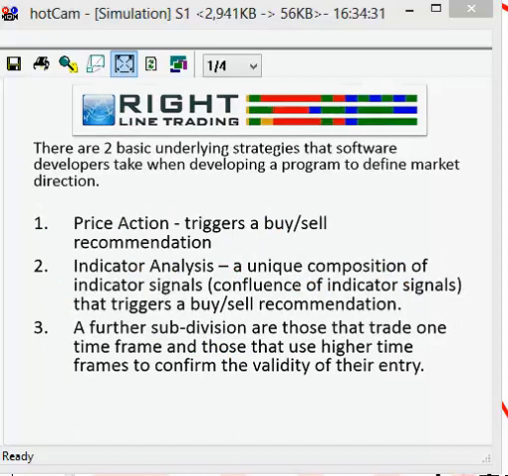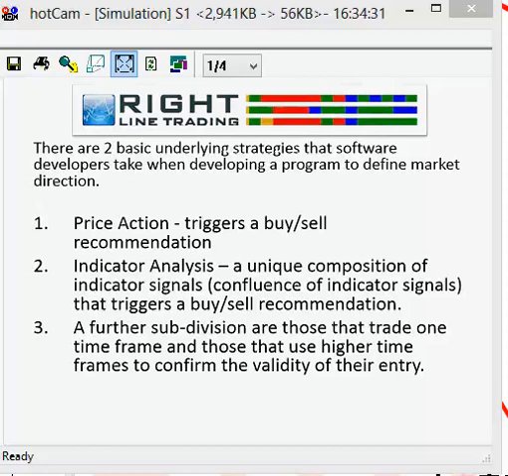Now, there are really two basic underlying strategies that software developers take when they develop a program to define market direction, and more specifically to define a specific entry. One is price action, and price action will trigger a buy or sell recommendation.